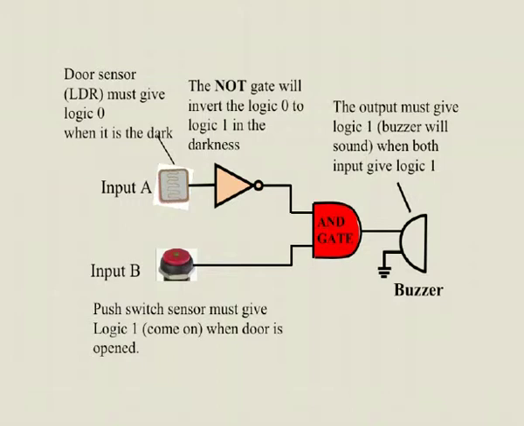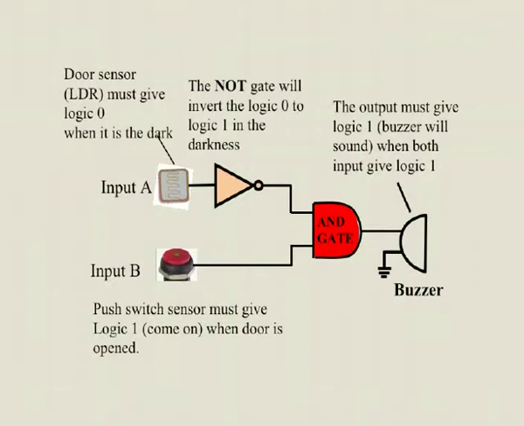We have the input A representing the light sensor, and this can be a light dependent resistor which must give logic 0 when it is dark. We have our input B representing a push switch sensor which must give logic 1 or come on when the door is open.